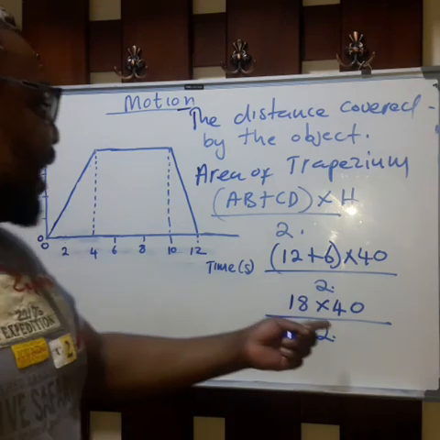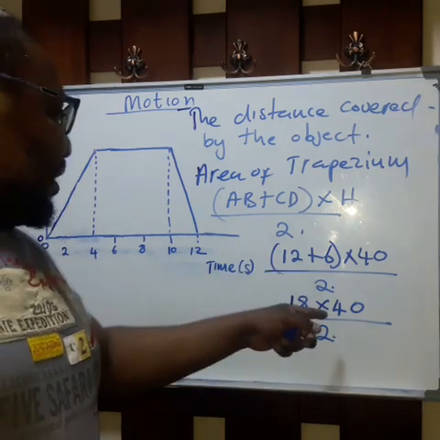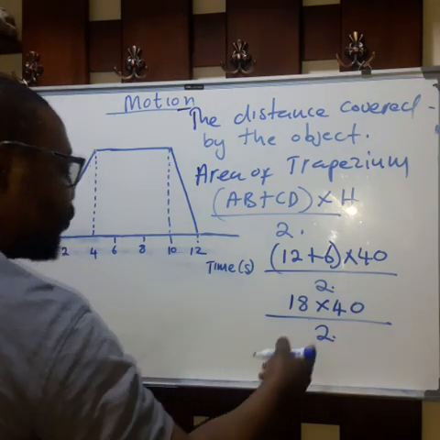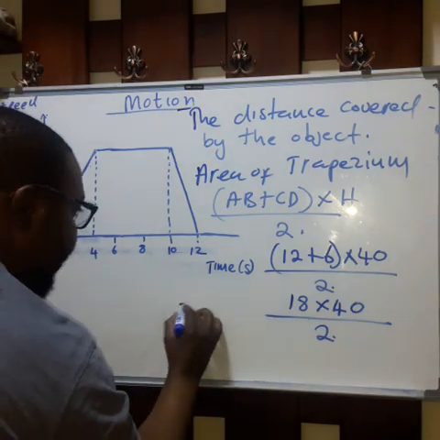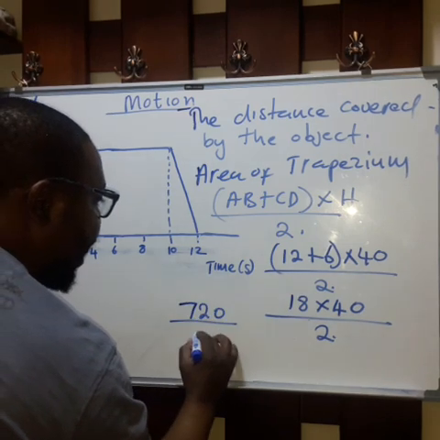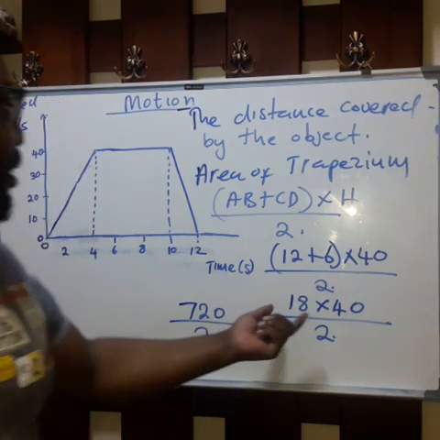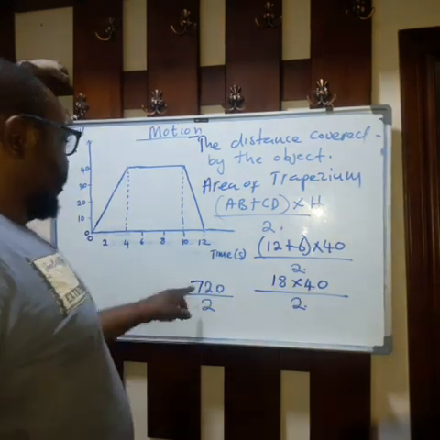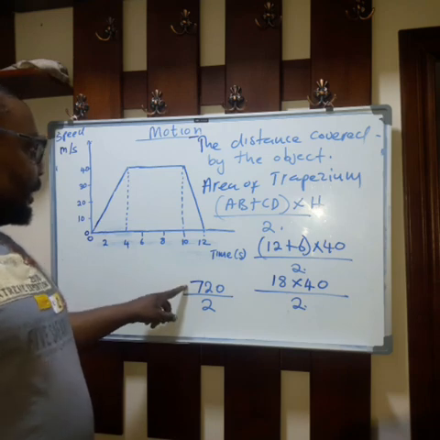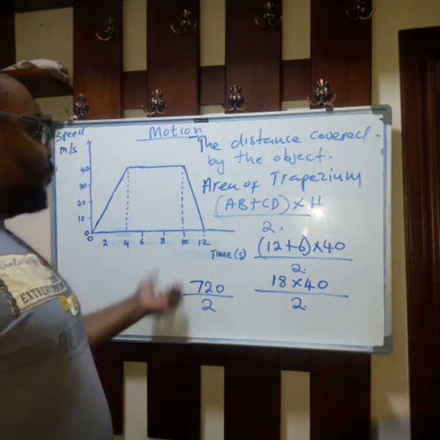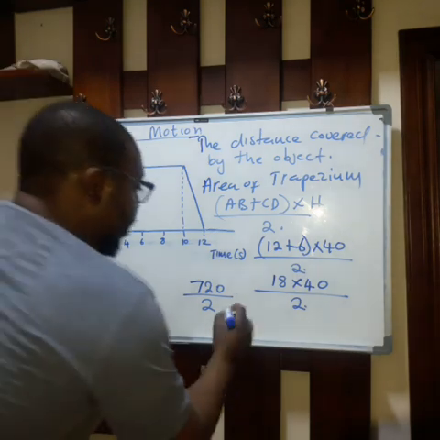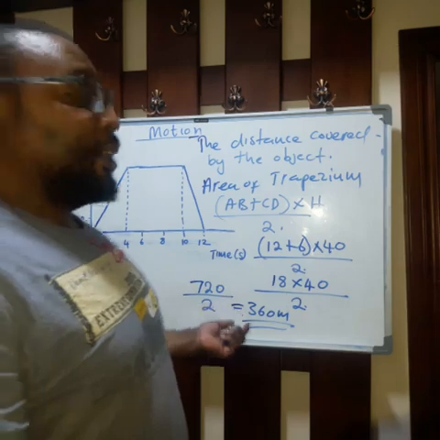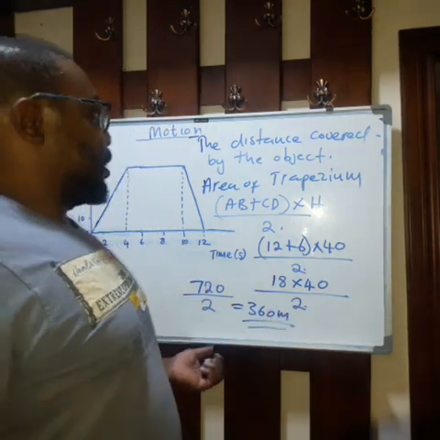If we multiply 18 by 40, we get 720. Then below we have got 2. So if we divide by 2, we get our answer, 360 meters. So this is the distance that was covered by the object.